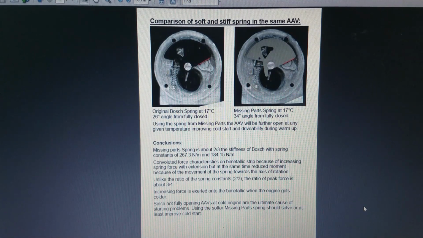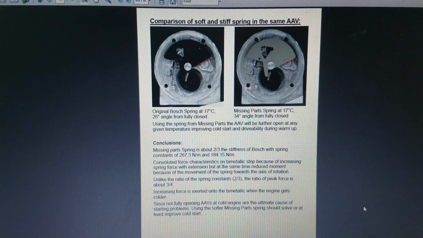So that's the difference between the missing parts and the Bosch spring. That also means that you get more air at any given time, and this should make the car start easier and the warm-up should be better.